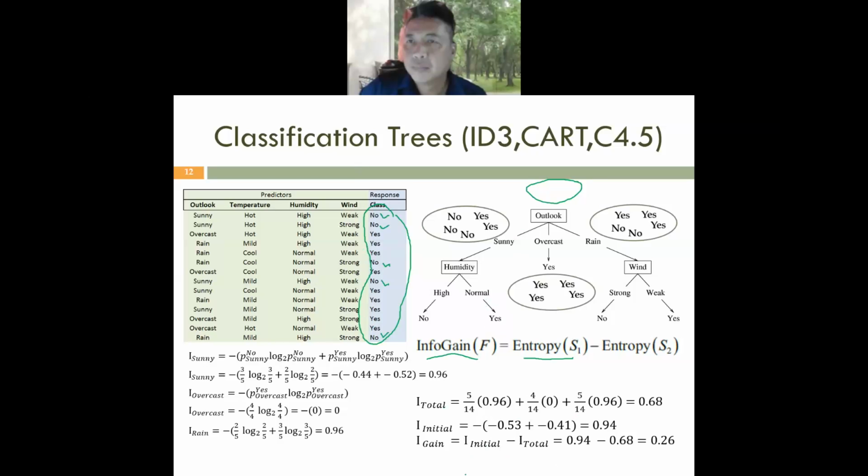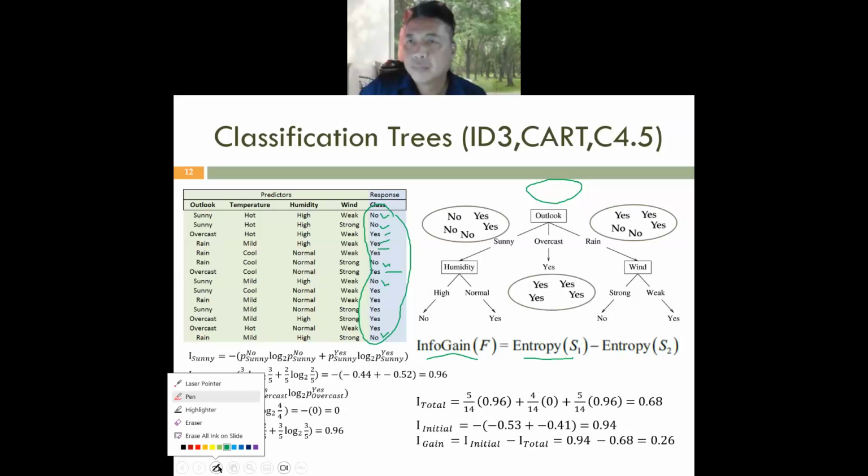And for the yes, we have 9 over 14. So that is our initial.